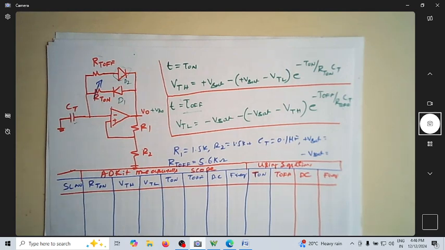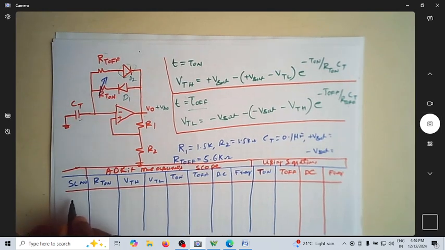I will change RT on using the DRB and try to find out. Now I'm using this RT off as 5.6 kilo ohm fixed. Now this I will make different resistances.